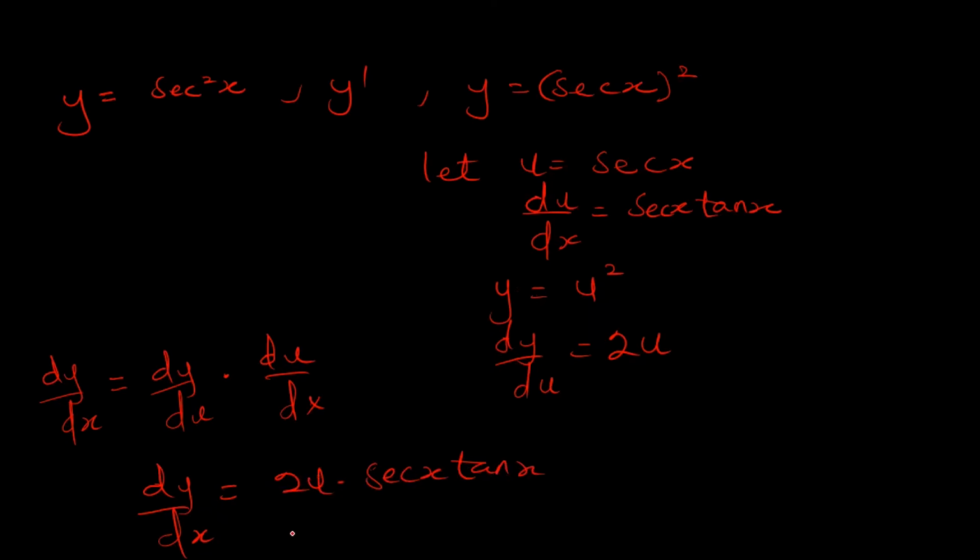So let's do the substitution and put our u in here. We know that our u is sec x, so sec x multiplying sec x tan x is finally going to give us sec squared x tan x. Okay, so that is that.